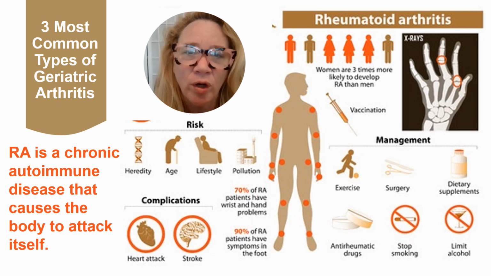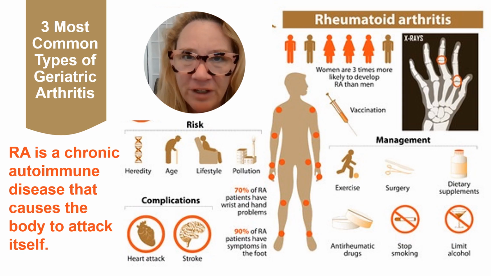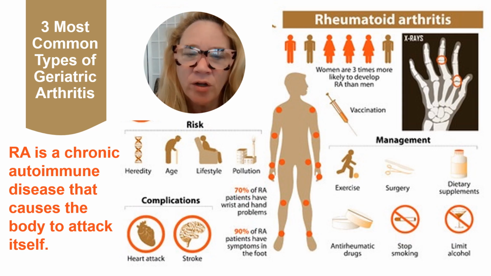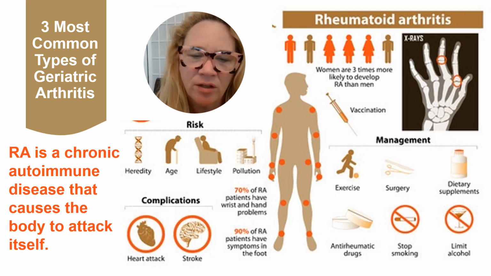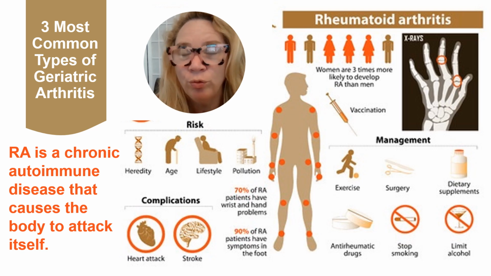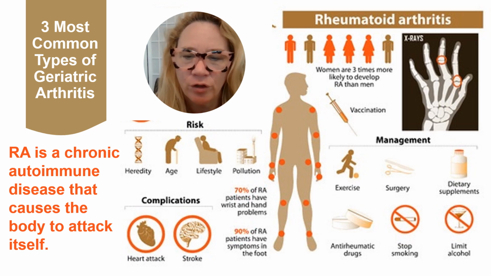It's also more likely to occur in women more so than men. With rheumatoid arthritis, you can find 70% of these clients having problems in the fingers and wrist. 90% will have problems in the feet. And there are complications if somebody has a heart attack or stroke with rheumatoid arthritis. Their recovery will be much more difficult.